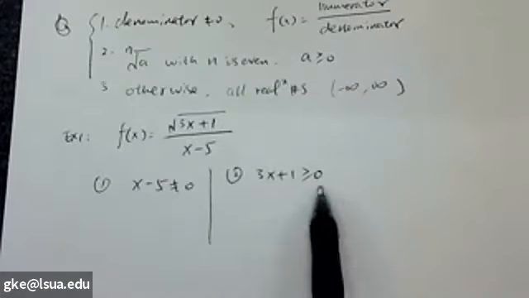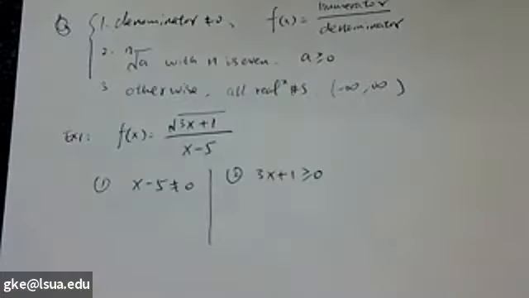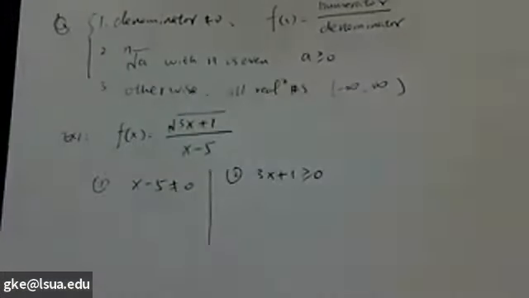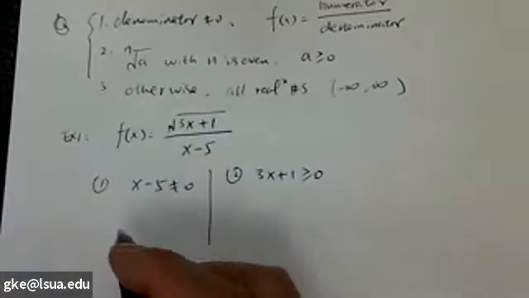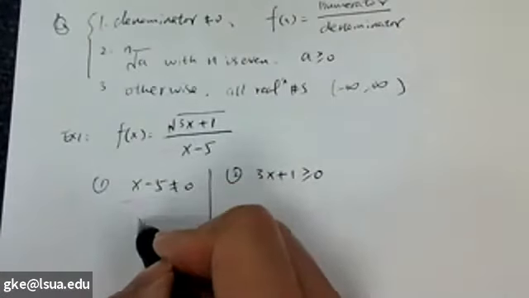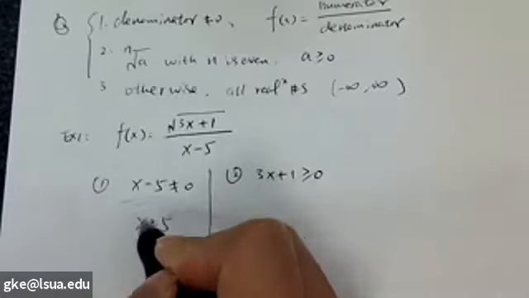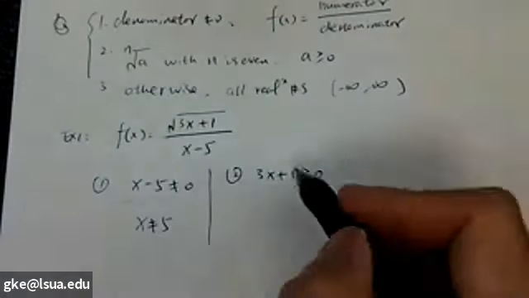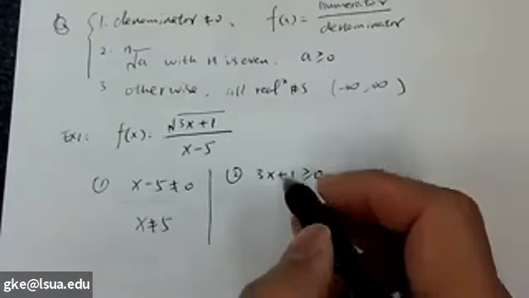So we have 3x plus 1 greater than or equal to 0. So let's solve it. For the first case, x doesn't equal 5. And for the second case, we have what?